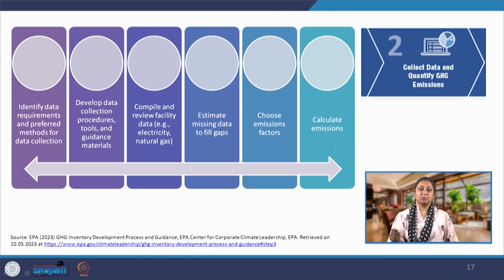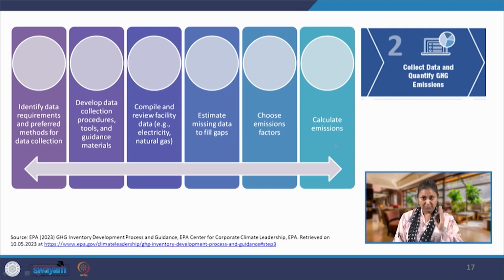Once we go ahead with this process, we would identify where the data is missing or what more data is required, and we will continue to compile that data in the form of this inventory which we have already identified. And as I mentioned earlier, we will choose the emission factors which are there, and finally we will calculate the emissions, which is the second step of this, which is to collect data and quantify GHG emissions.